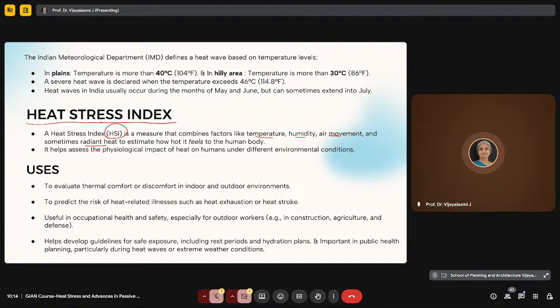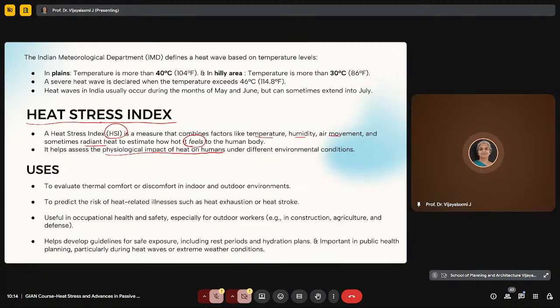But normally temperature, humidity, air movement, and radiant heat as a combination, how do you feel? That is called heat stress. And this helps us to assess the physiological impact of heat on humans under different environmental conditions.